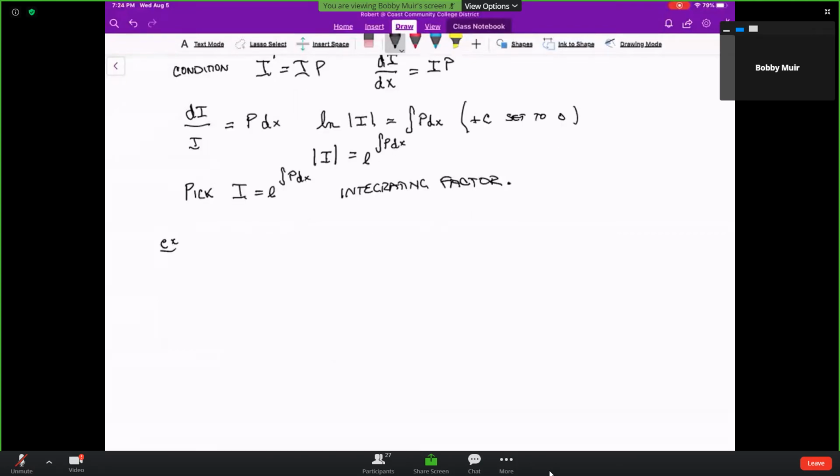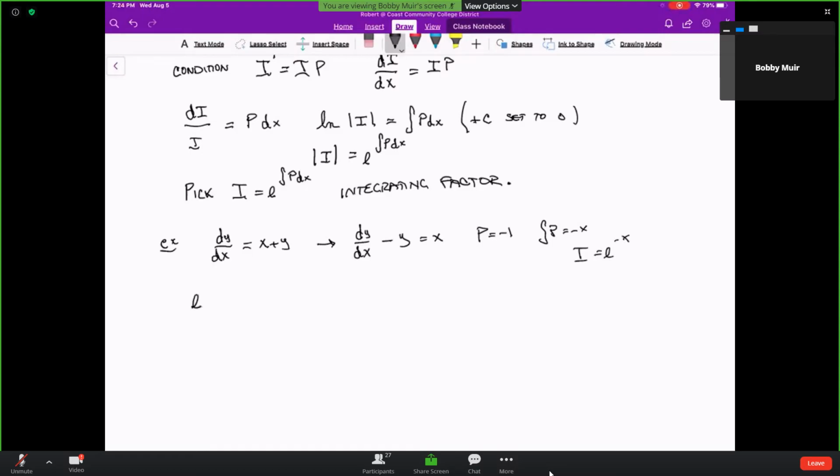Okay, so if we do that first one I did, all right, let's look at this guy. dy dx equals x plus y. We have to put it in a standard form. So dy dx minus y is equal to x. Now you identify the p. You integrate the p. The integrating factor is going to be e to that thing.